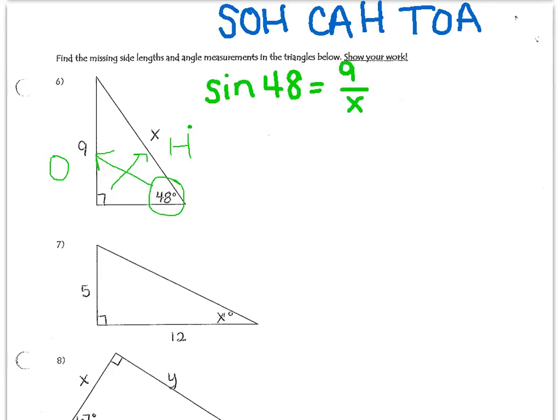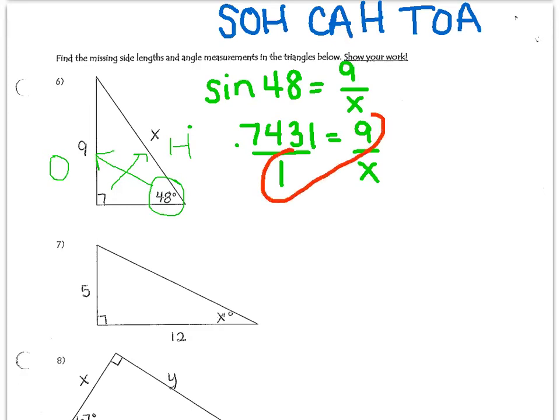Then I'm going to get sine of 48 out of my calculator, and I get 0.7431 equals 9 over x. Put that over 1. And then I'm going to cross multiply. Some of you are getting really good at just doing the cross multiplying all in one step, and I'm totally fine with that. You would do 1 times 9 and then divide by the leftover 1.